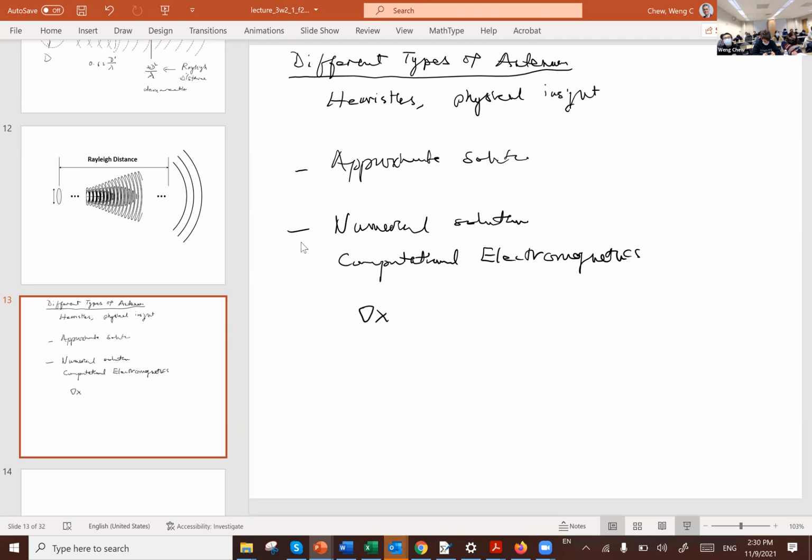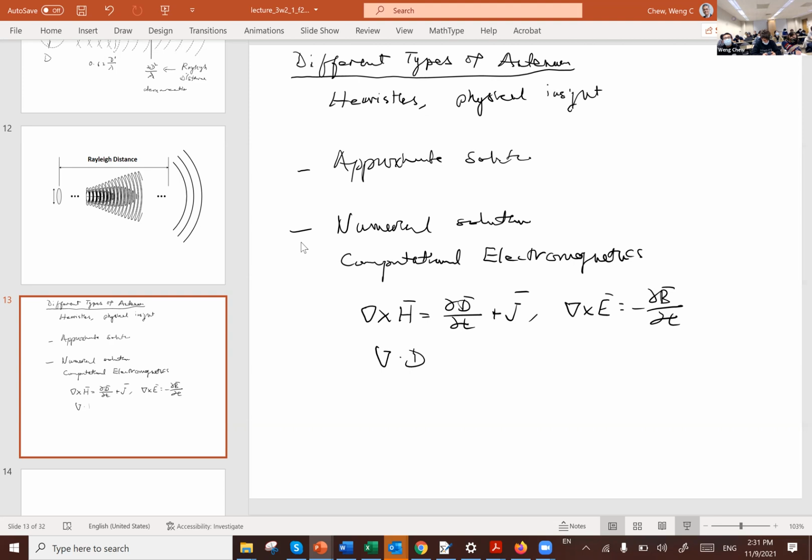Given any Maxwell's equations, you write them as such, and then you have Faraday's law. And then you have the other two Maxwell's equations which follow from the first two. And you can give them a very complicated geometry, and you have a source radiating in this complicated geometry. The computational scientists can figure out the solution for you by using a computer program.